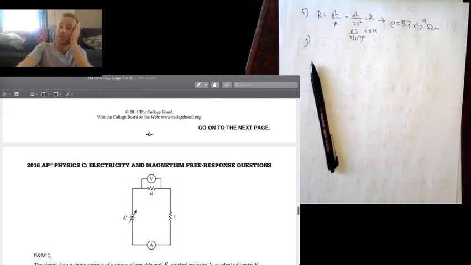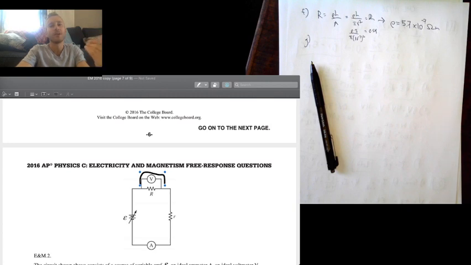What does it mean to say that an ammeter is ideal or not ideal? Ideal ammeters have an infinite resistance. So no current can flow through the ammeter. But if it's a non-ideal ammeter, some of the current flows through the ammeter.